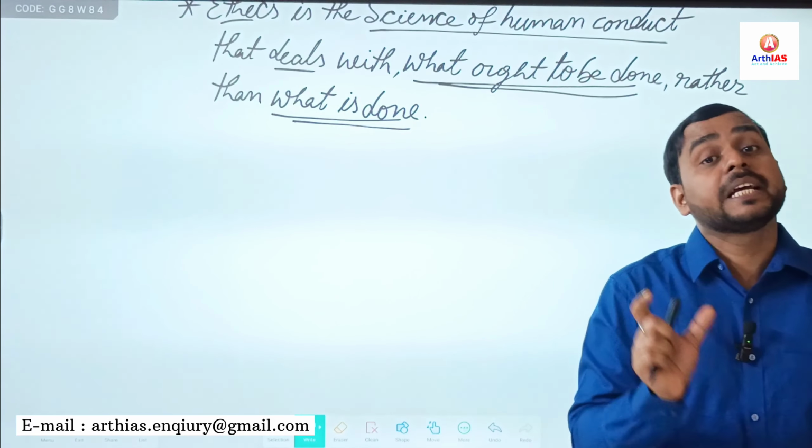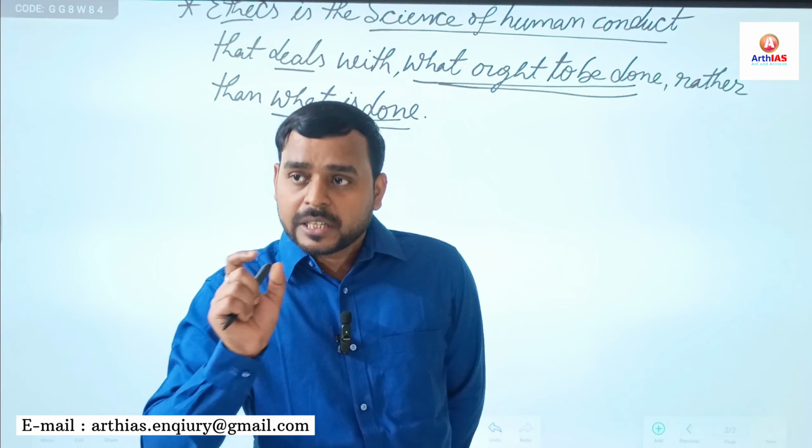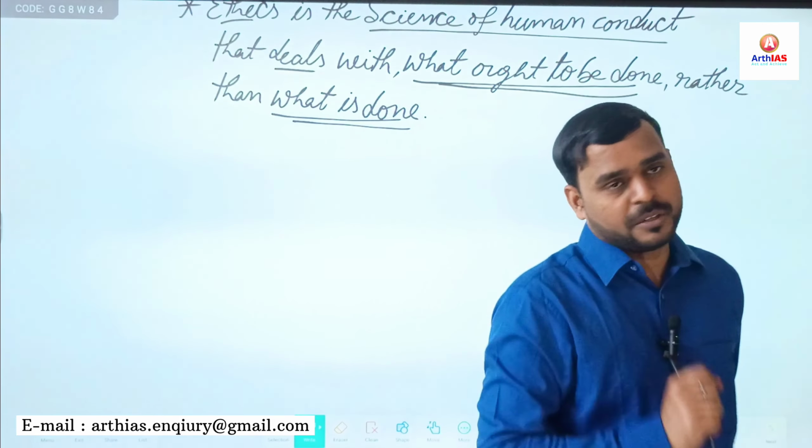Some scholars or philosophers, for example Aristotle, says ethics is the science of the highest good for men. So he also repeats the term science. Why science? Already I said, we apply our logic, reason. There are certain principles that must be followed in ethics, right?